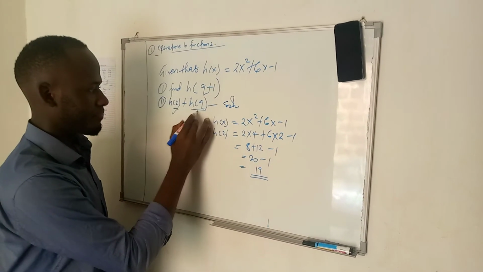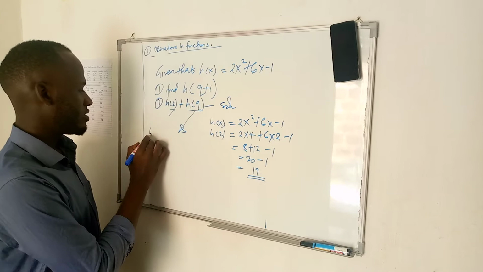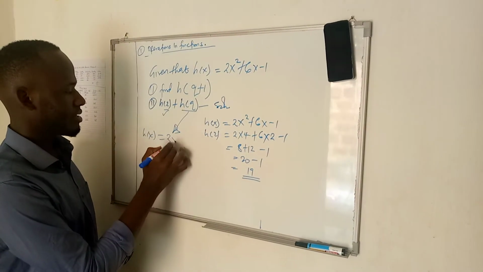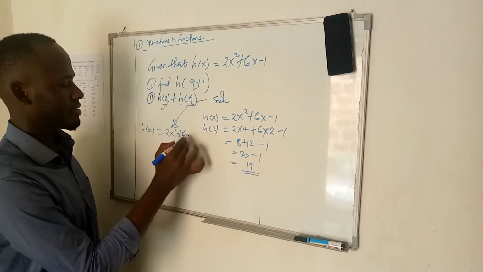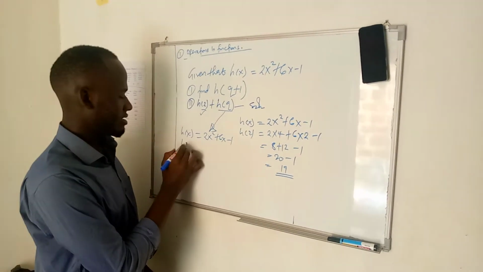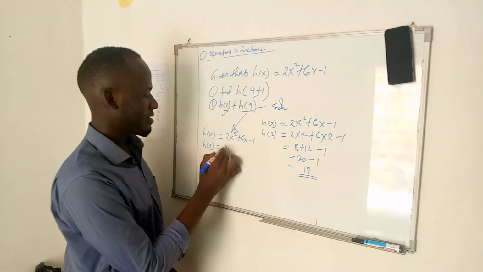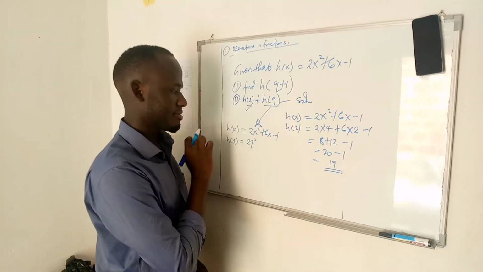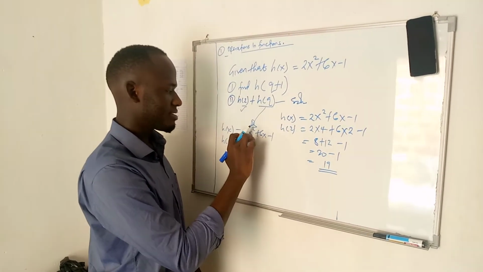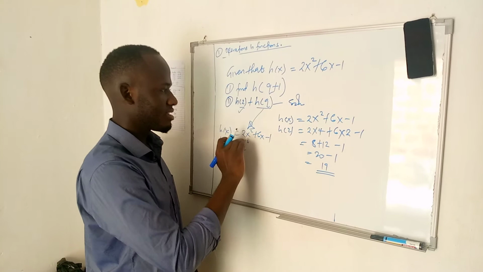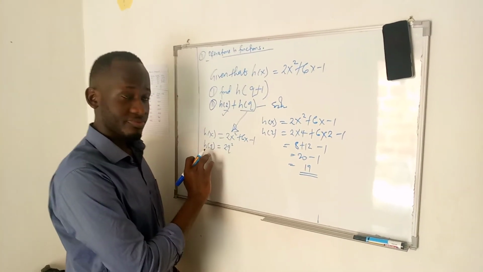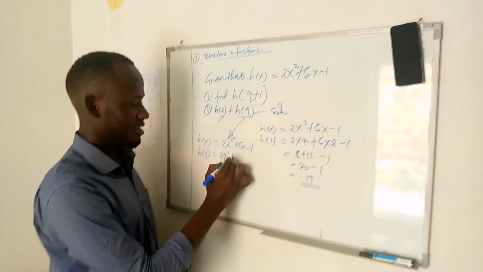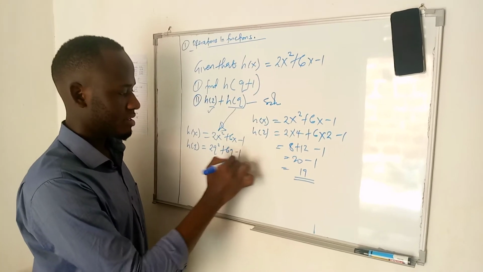Now h of x is given by 2x squared plus 6x minus 1. What of h of q? It is given by 2q squared, because this has replaced x, so you must replace it in the equation given. So this will be 2q squared plus 6q minus 1.